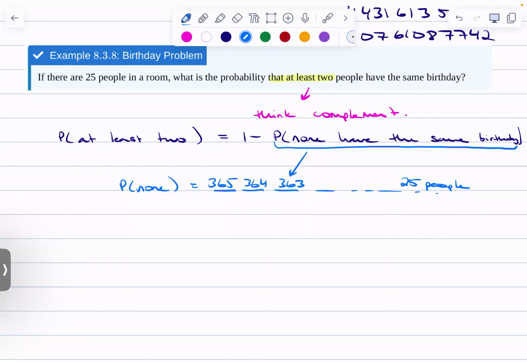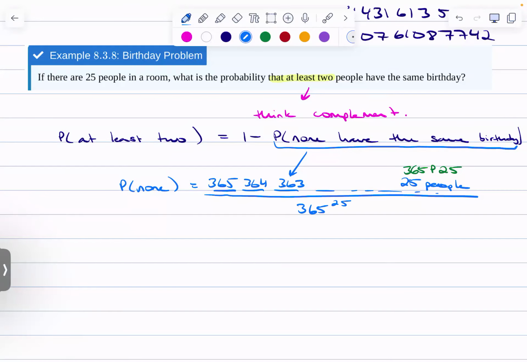That's 365 P25, permuted in 25 different ways. Stop once you've filled 25 slots. Divided by the number of potential birthdays, which is 365 times 365 times 365, 25 times. And so you get 365 to the power of 25.